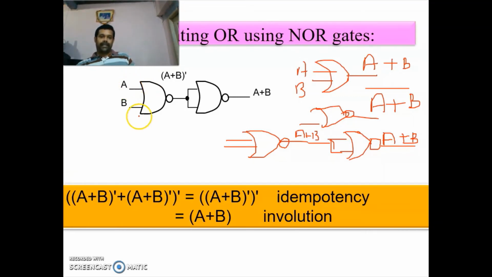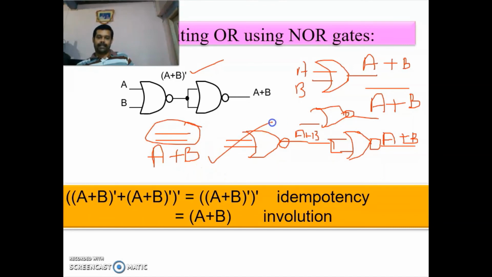So here you are giving A plus B, the whole bar, to both the inputs, and you will be getting A plus B, the whole bar, whole bar. So we'll be getting A plus B.